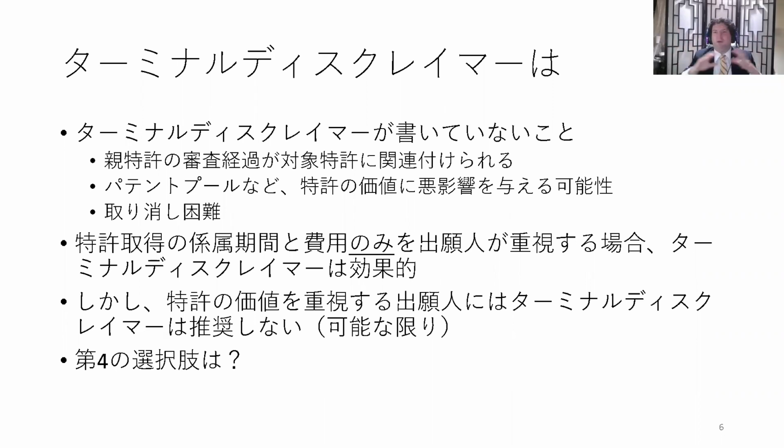Then they figure out how many points are in the pool, how many different patents go into this pool, and they divide the 10 billion by however many points. Maybe there's 100 total patents, and each person gets whatever that is, $100 million per patent. And we don't look at terminal disclaimers in that patent pool.